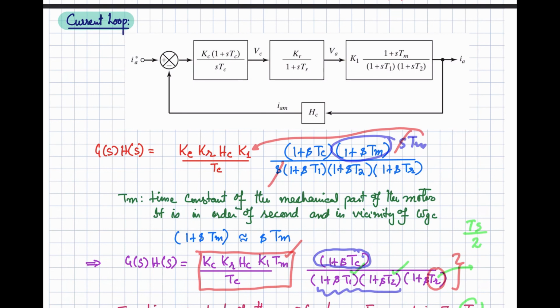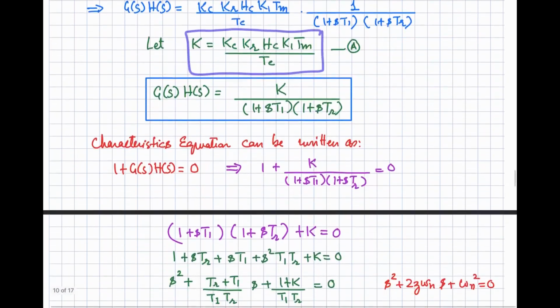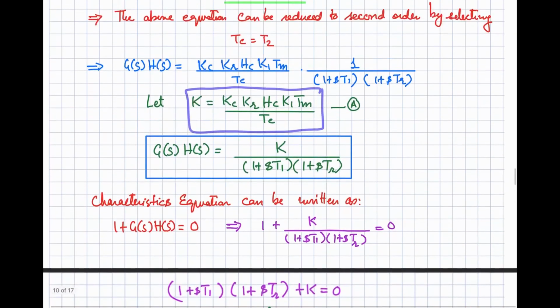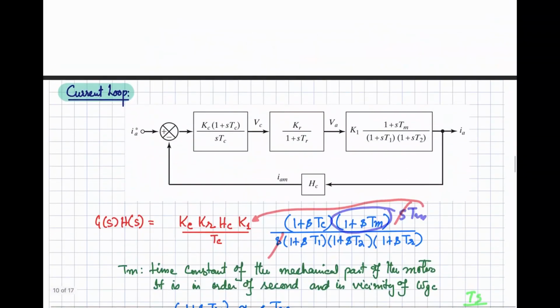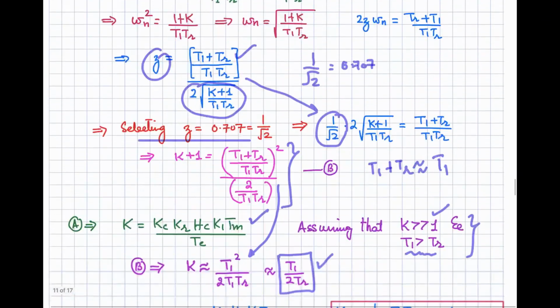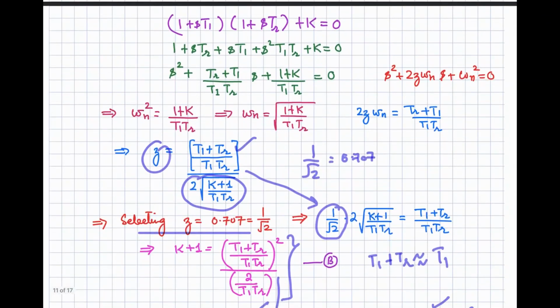In the next video we will continue and see how we can design the speed controller, or how we can approximate this current loop with the first order transfer function. In this we have approximated the current loop with the second order transfer function, as you can see over here. So finally we developed a second order transfer function with the approximation.